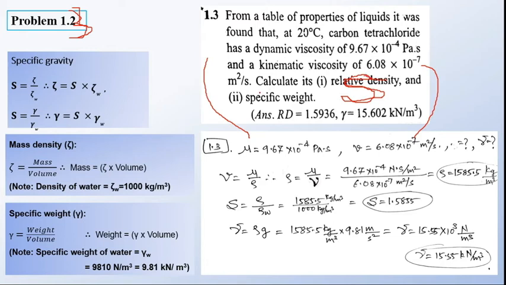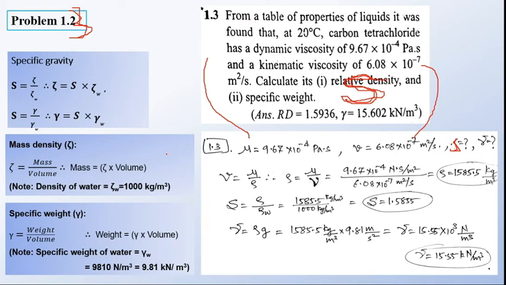So this is nothing but S, or specific gravity, and specific weight is gamma. So I should know what is specific gravity here. That is asked, and then specific weight is asked.